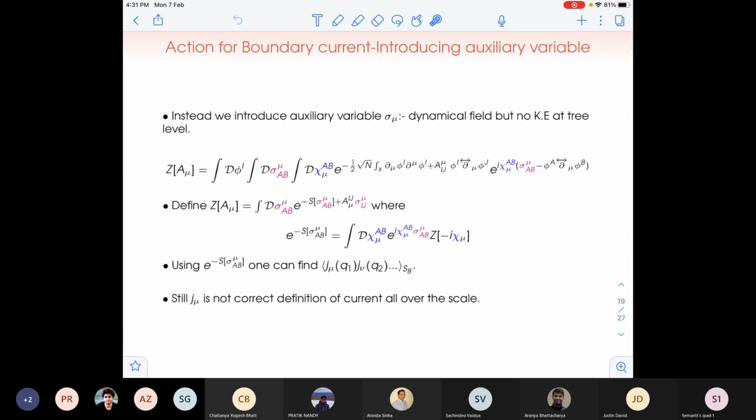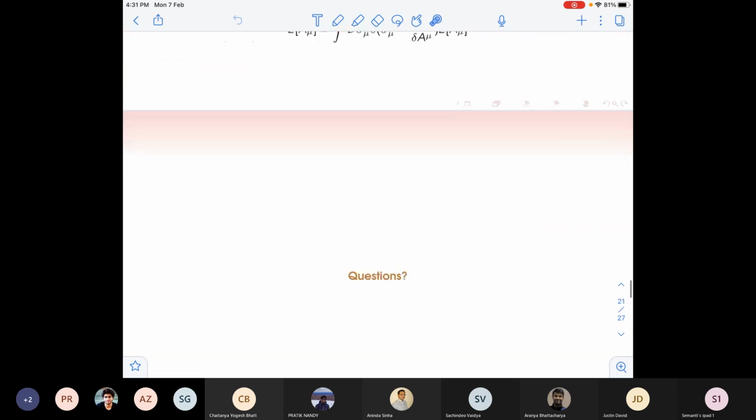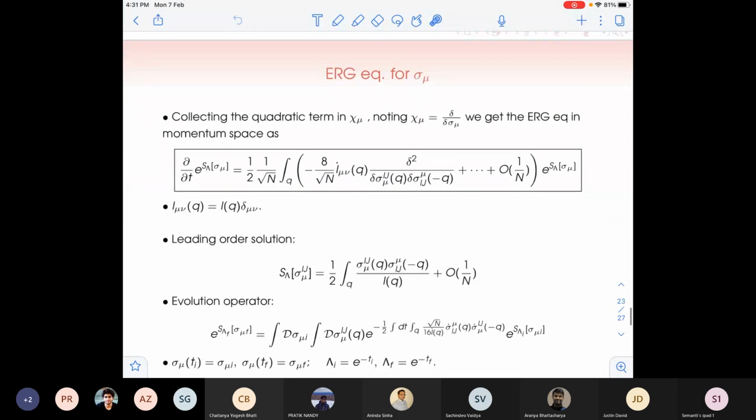Then we get an ERG equation like this, where the exact form of I is not important for getting the kinetic energy term. It will come in handy when you calculate correlators. As these sigma mu's are all transverse, the only possible structure of I mu is of this form, and the leading order of this equation is given by this S lambda.